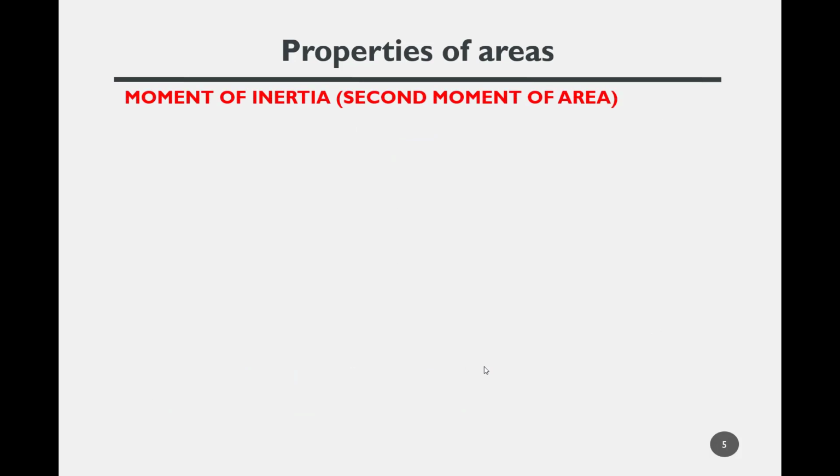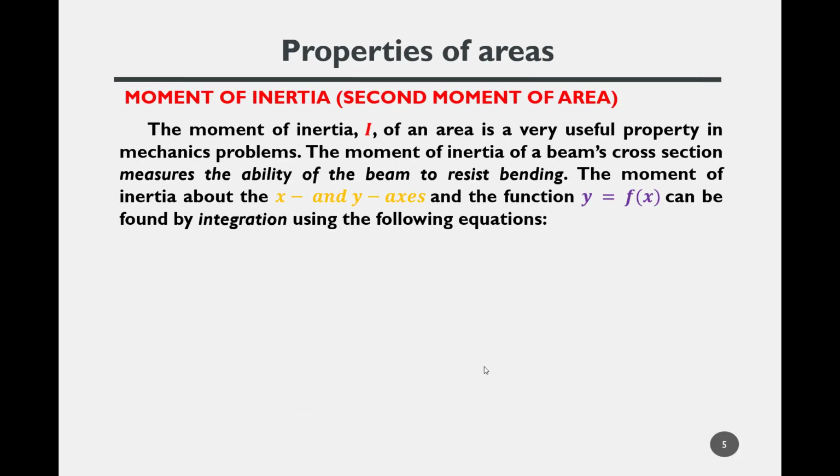Okay, for the moment of inertia, I. So the moment of inertia of an area is a very useful property in mechanics problems. The moment of inertia of a beam's cross section measures the ability of the beam to resist bending. So the moment of inertia about the x and y axis, with the function y equal to f(x), can be found by integration using the following equations.